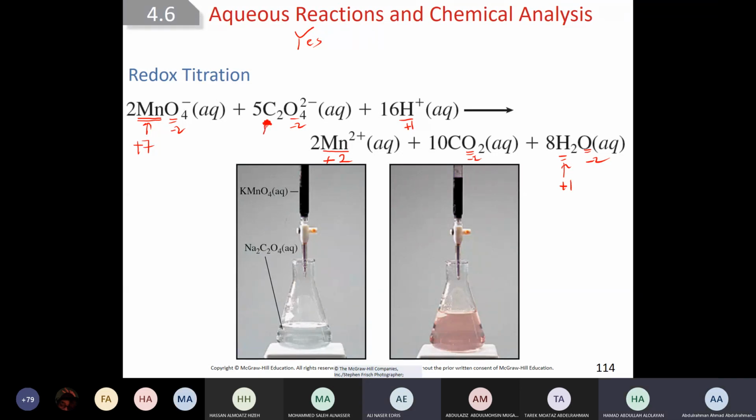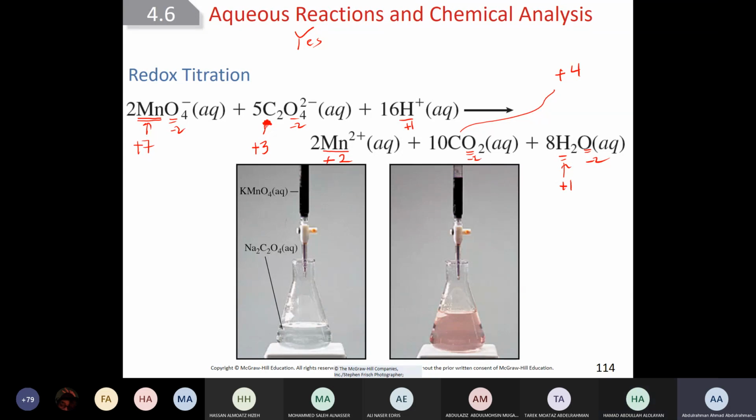Okay, what's the oxidation number of carbon in here? +3, not 6. Exactly. What is the oxidation number of carbon in here? +4.